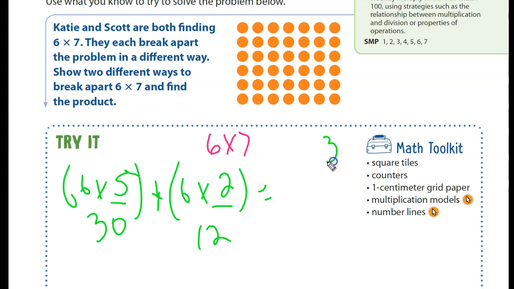And then I go 30 plus 12. 0 plus 2 is 2. And then 3 plus 1 is 4, so 42. So 6 times 7 is 42. That's what it means when they tell you to break apart.